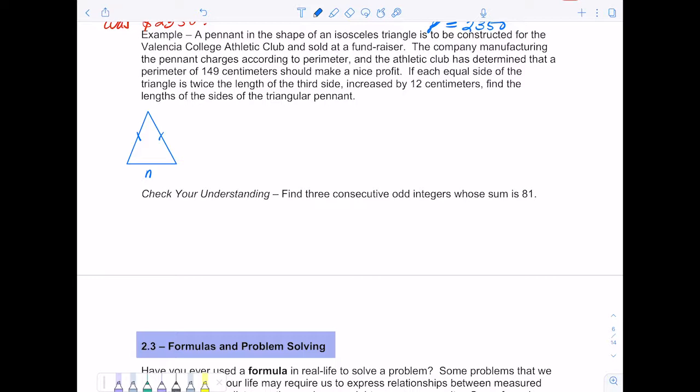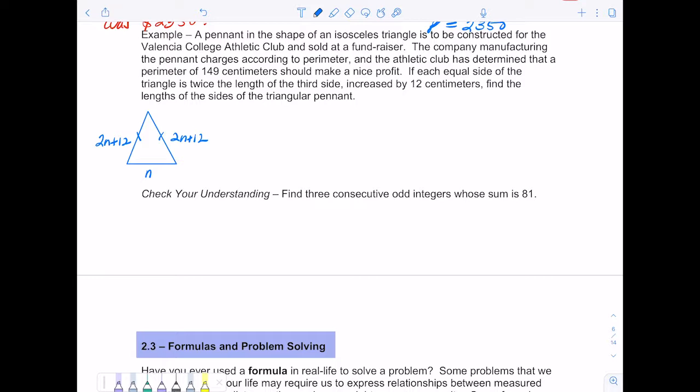So each equal side is twice the length of the third side. Twice would be multiplied by 2, increased by 12. Increased means to add. So each equal side is going to be 2n plus 12. The problem also told me that the perimeter should be 149 centimeters.